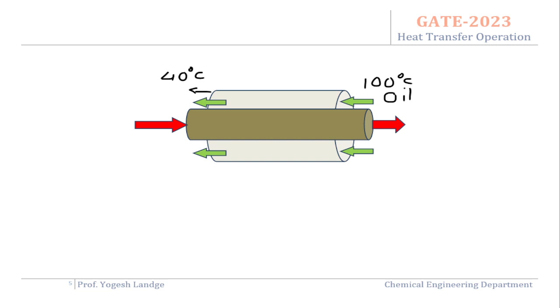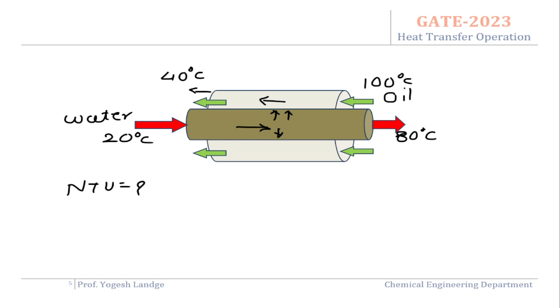There is heat exchange between it and the water, which is flowing on the inner side, entering at 20 degrees Celsius and leaving at 80 degrees Celsius. So water flows on the inner side and oil on the outer side, with heat exchanged between the two. The question asks: what is the NTU for this case?